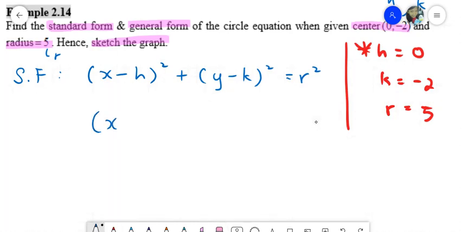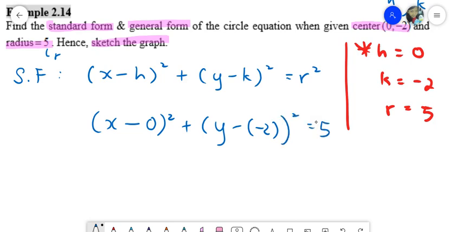So (x - 0)² + (y - k)² = r². Meaning the x minus 0 is still x² plus (y + 2)² = 25. So this will be your standard form.